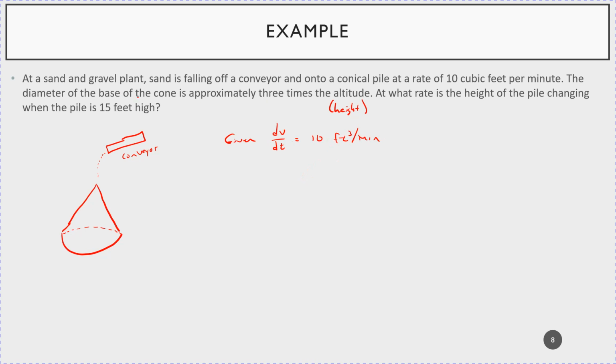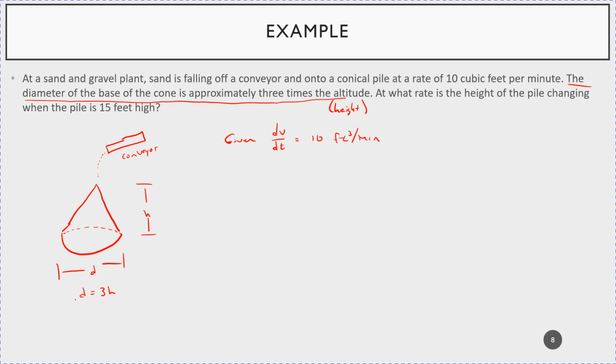And then this is the next piece we're going to have to figure out. The diameter of the base of the cone is approximately 3 times the altitude, so the height. So here's the height, and that means this diameter is equal to 3 times the height.